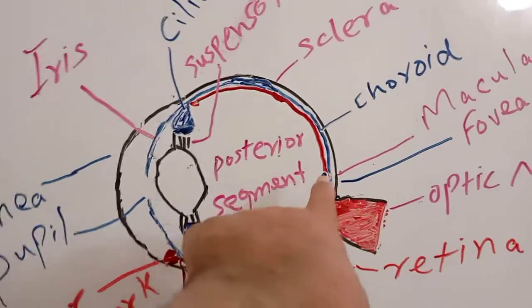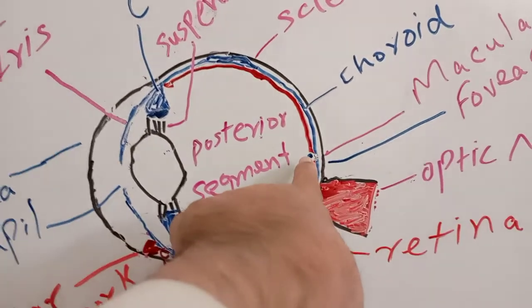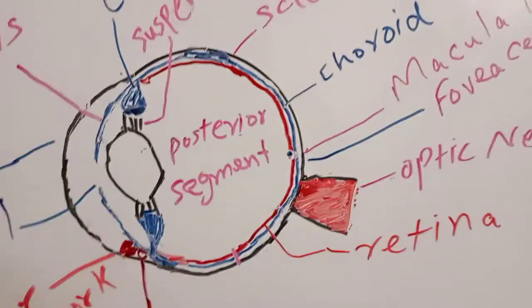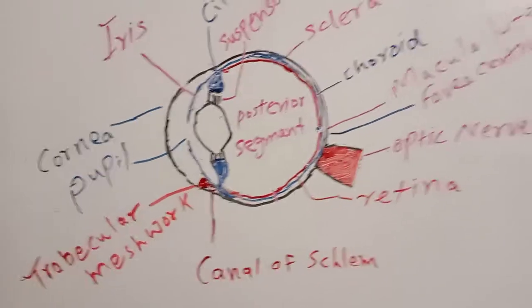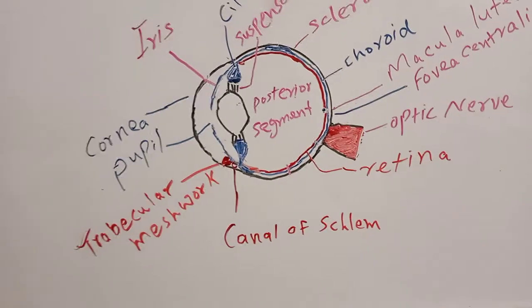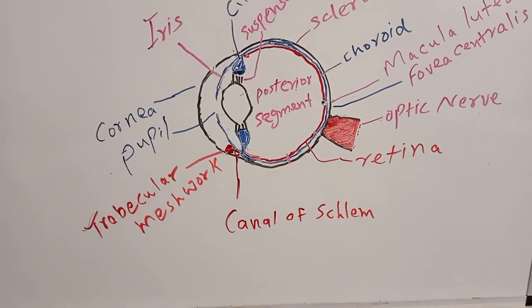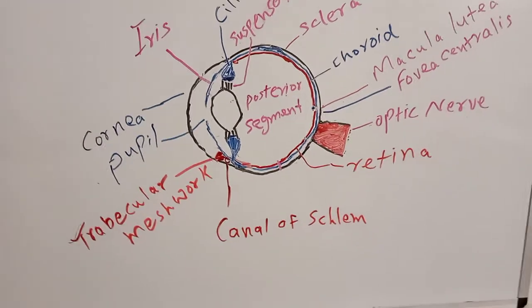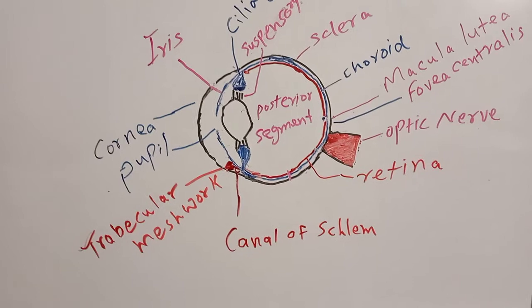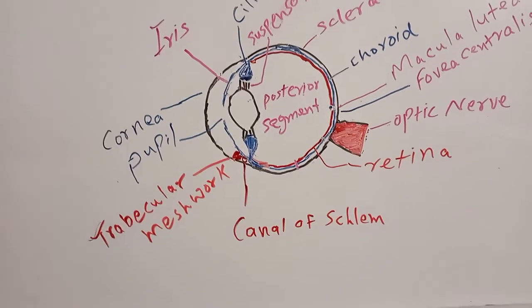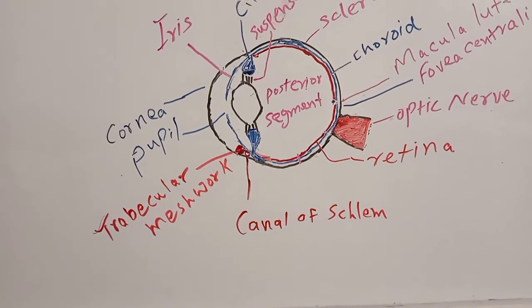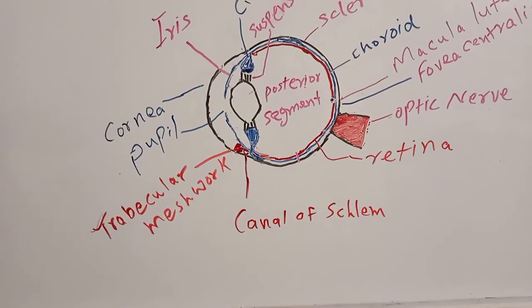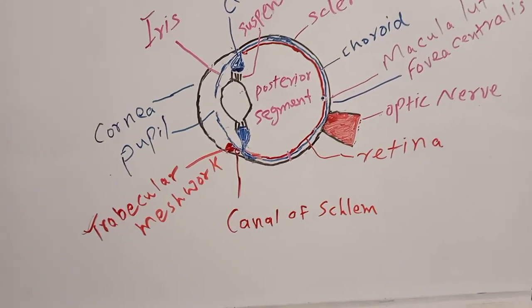This dot which I have shown here is fovea centralis present in the macula lutea. Macula lutea is the place where we have the sharpest vision, and fovea centralis is the point where we have the sharpest colored vision, because fovea centralis is full of cones.